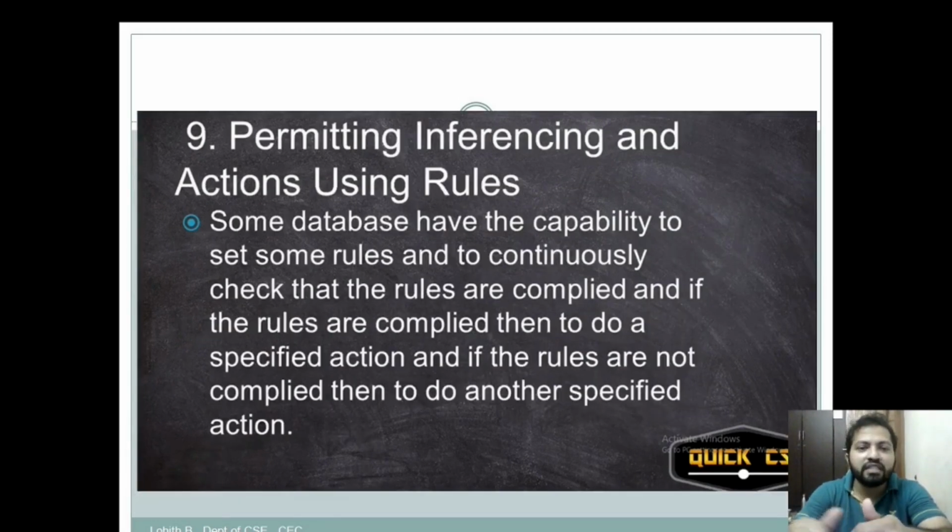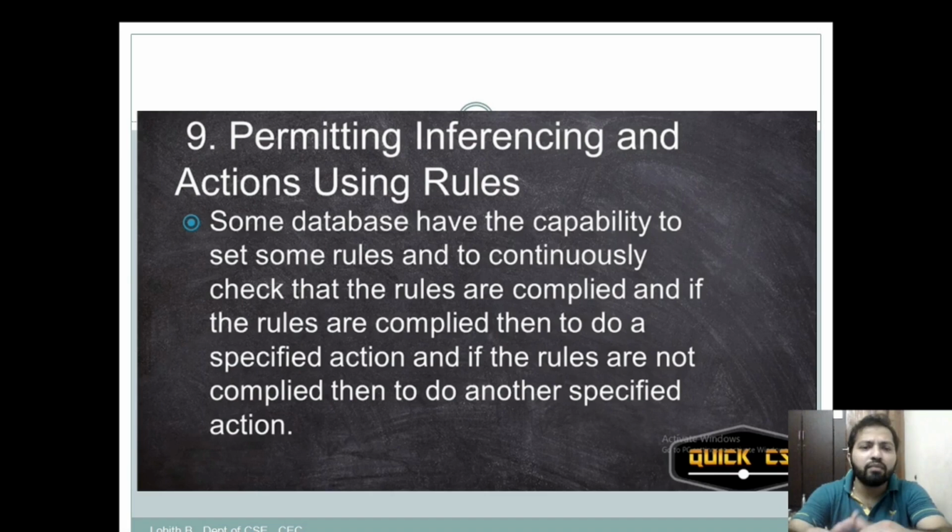The next is permitting inferencing and actions using rules. In the DBMS database approach, there is a trigger where we can set that whenever an event occurs, an action has to be performed. Also, we can set some assertion rules, like the employee age should be between 18 and 60. If you try to insert any age which is less than 18 or greater than 60, it will throw an error.